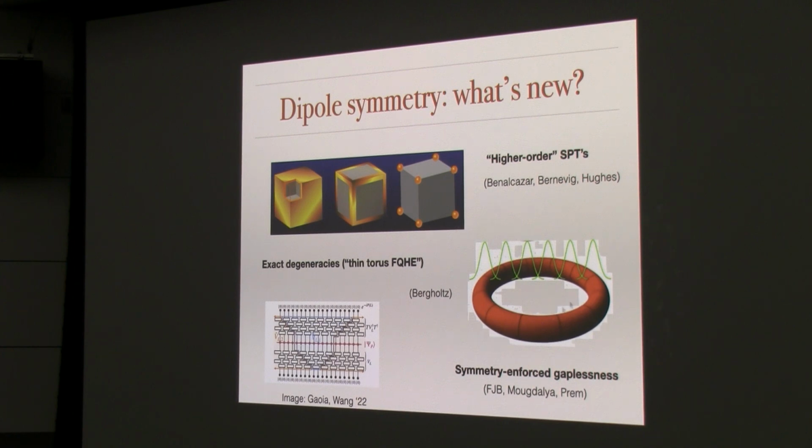Another thing that you can have, and this has been known for a long time, is an exact ground state degeneracy when you have dipole and translation symmetry. And actually it turns out that you can generalize these to cases where you can show that there are phases that have not a ground state degeneracy, but symmetry protected gaplessness, so symmetry protected low energy modes.